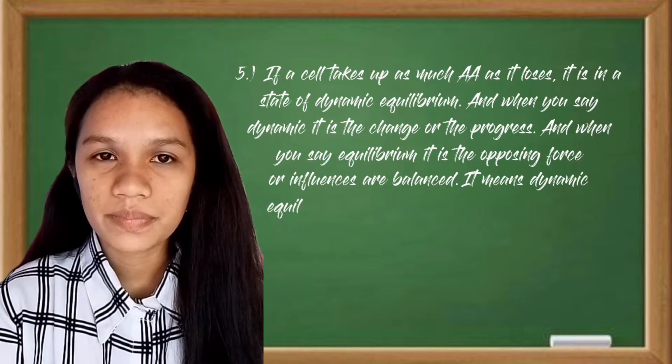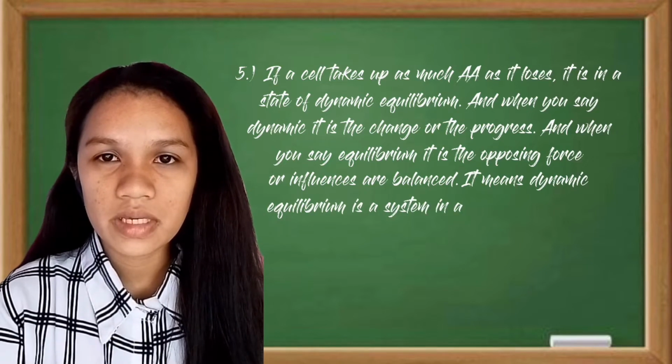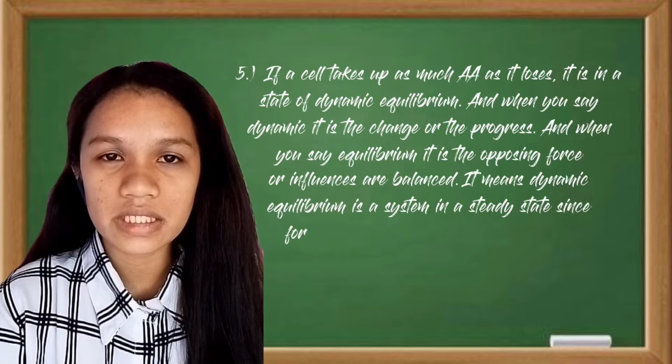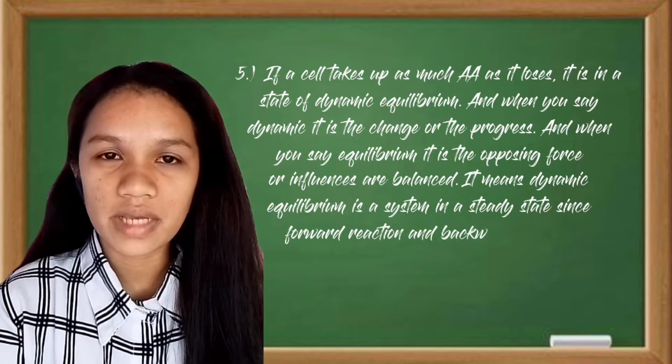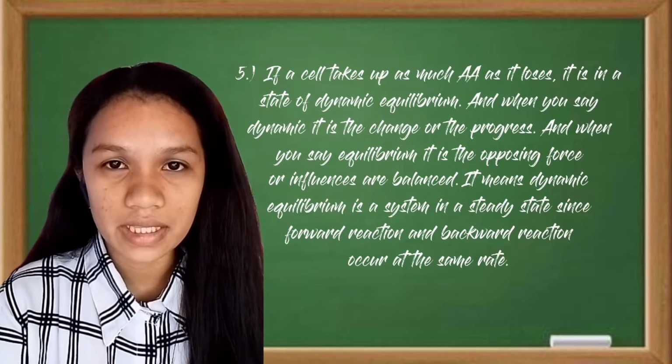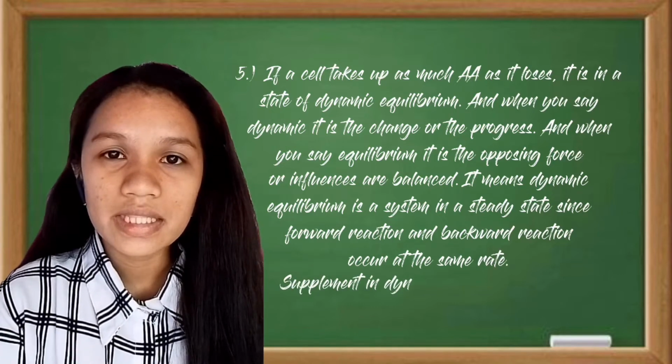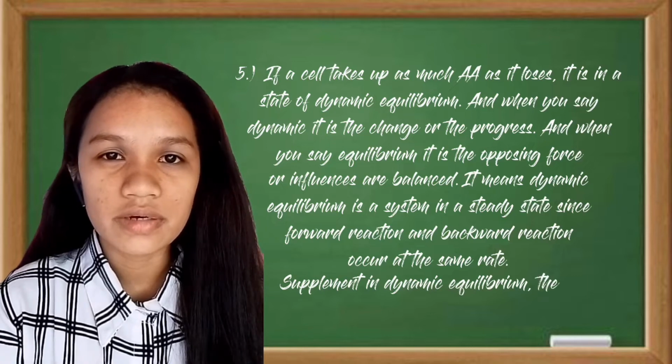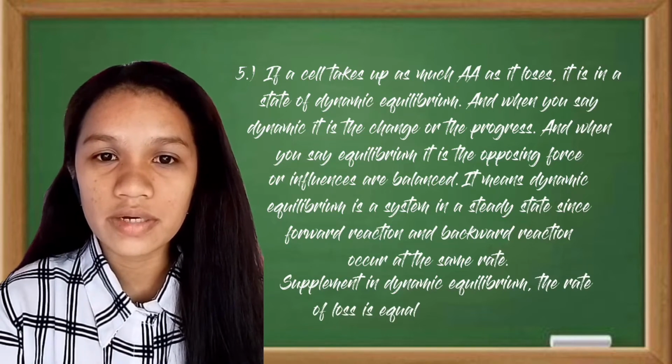It means dynamic equilibrium is a system in a steady state, since forward reactions and backward reactions occur at the same rate. In dynamic equilibrium, the rate of loss is equal to the rate of gain.